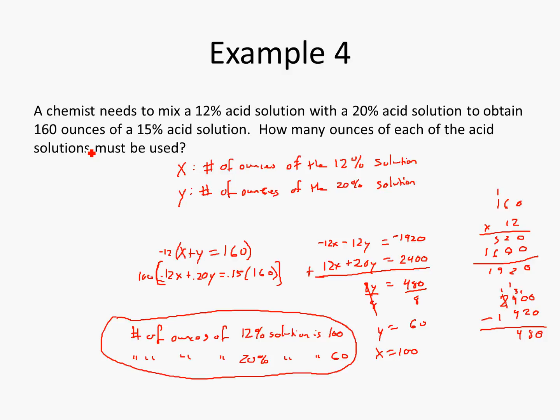You can go back and check, but that's going to be our answer. So I hope that makes sense, and that's kind of how we do these application problems.